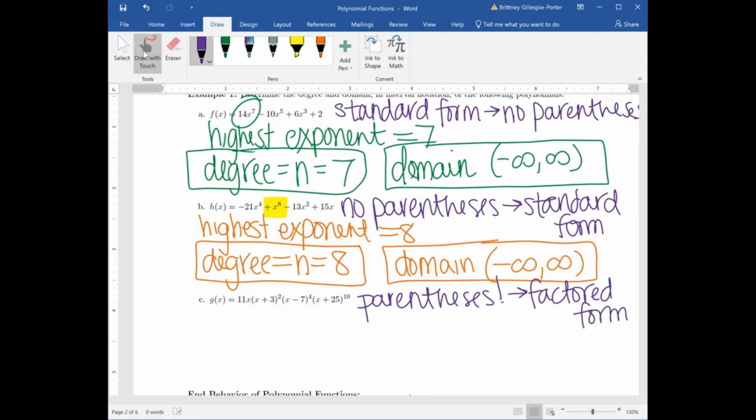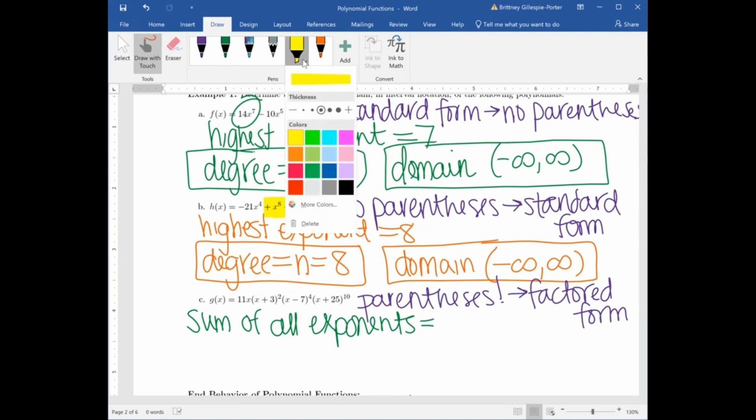So for factored form, to find your degree, we're going to take the sum of all the exponents on the variables.